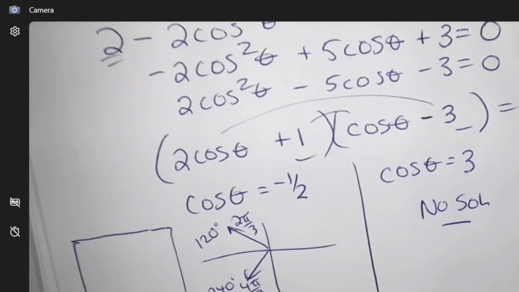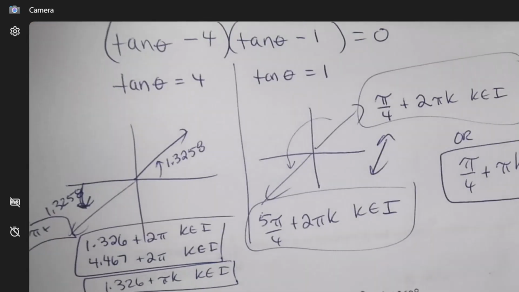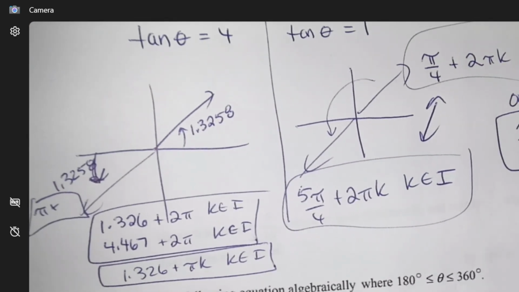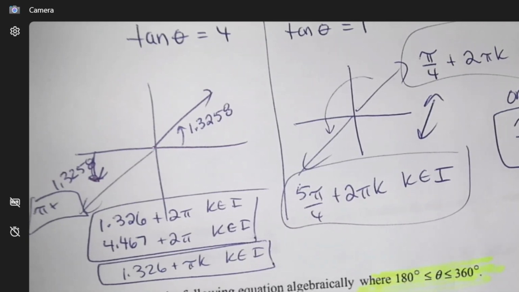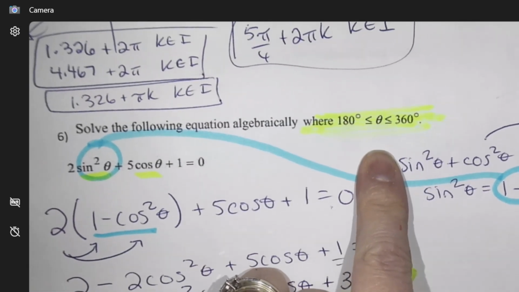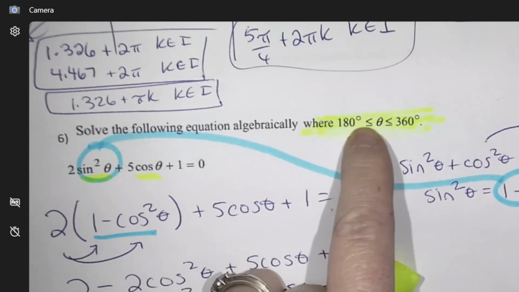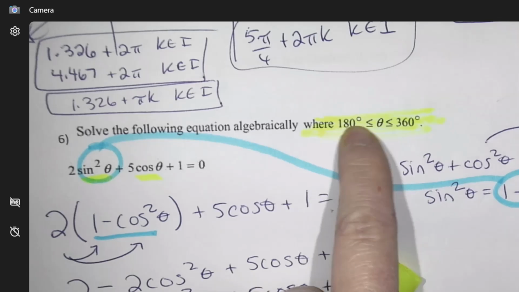Because I should go back to the question and think about how I need to answer this. Okay, so in the question, it told me this angle answer had to, first of all, be in degrees, right? But my answer has to be in this domain.